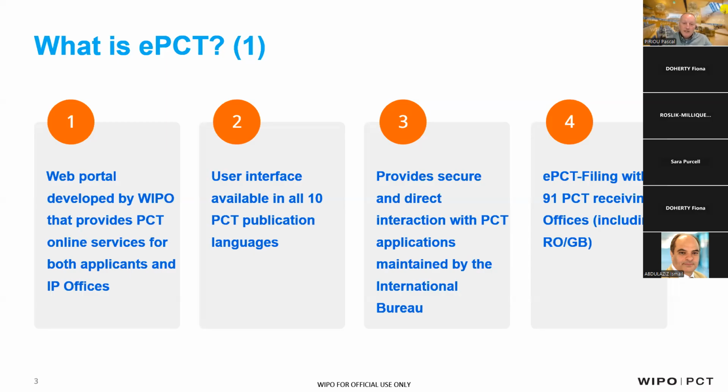In case you want to practice with your French, you can also use the interface in French. It provides secure and direct interaction with PCT applications maintained by the International Bureau. As of today, it's possible to file with 91 PCT receiving offices worldwide, including, for sure, ROGB.